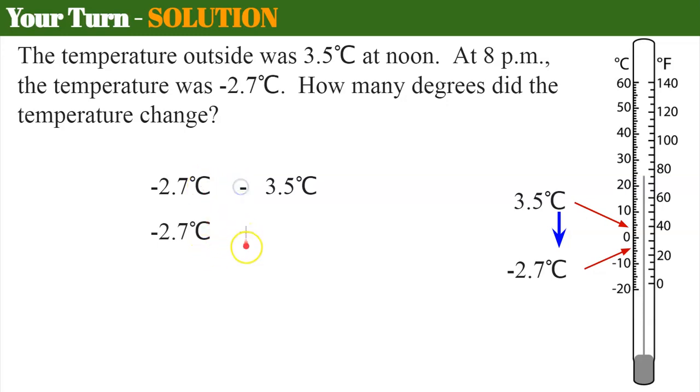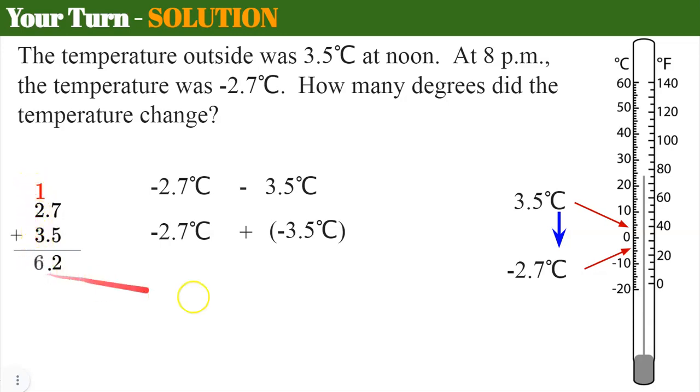Keep, change, opposite. Same sign, so I just need to add and keep the sign. So 2.7 plus 3.5, line up the decimal points. 7 plus 5 is 12. Put the 2 and carry the 1. Bring down our decimal point. 1 plus 2 is 3, plus another 3 is 6.